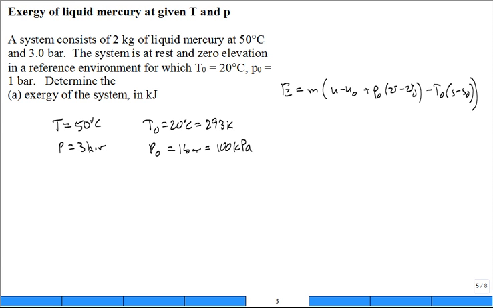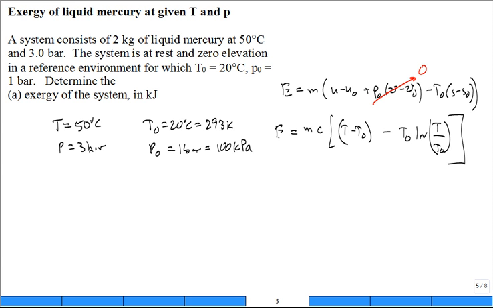So even though it's changing from 50 degrees C down to 20 degrees C, this term is 0 in that calculation. And we do have the same type of equation, M, C, T minus T naught minus T naught, natural log, T over T naught. And there you go.